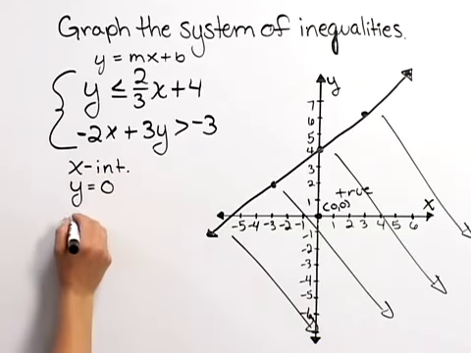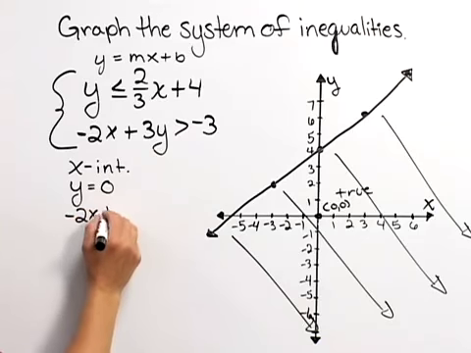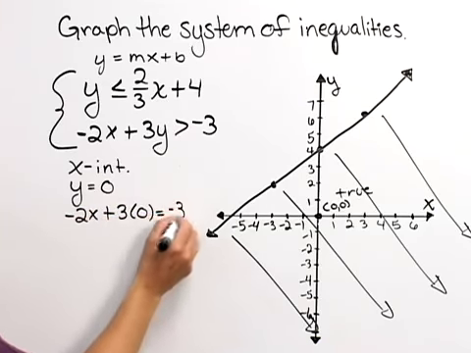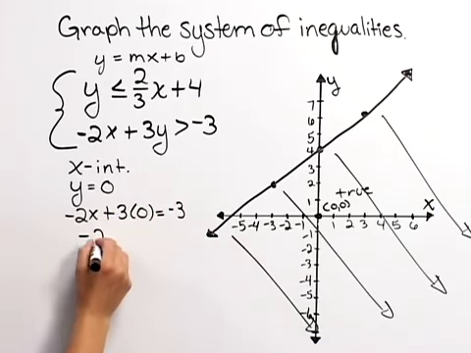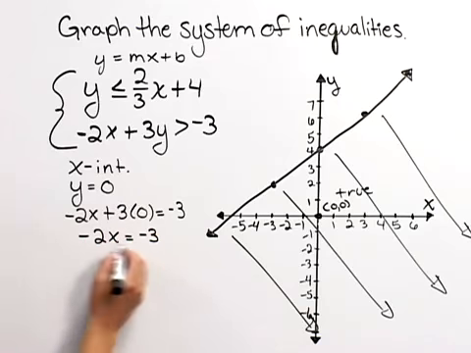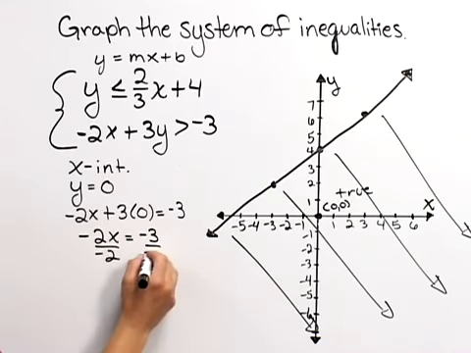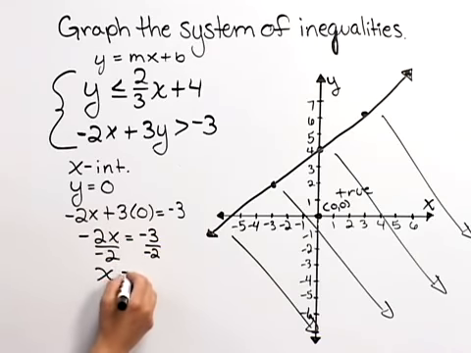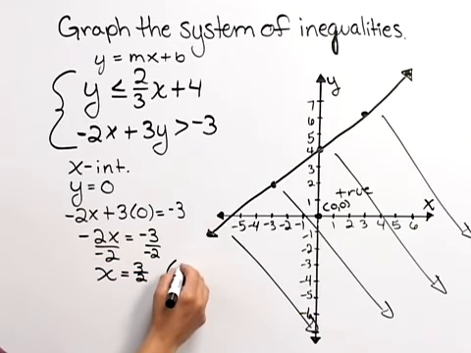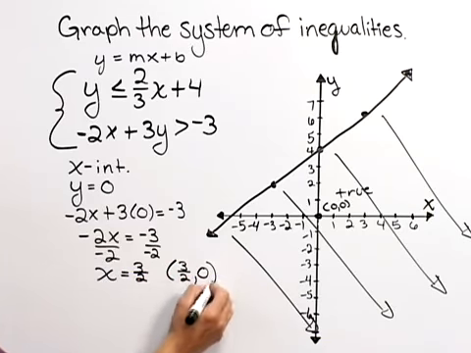So we'll replace the y with 0 to get negative 2x plus 3 times 0 equals negative 3, or negative 2x equals negative 3. If you divide both sides by negative 2, we find out that x is 3/2. So the x-intercept for this one is going to be at 3/2, 0.